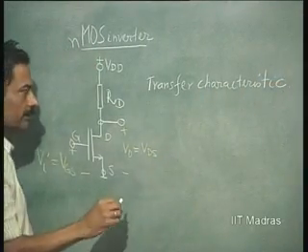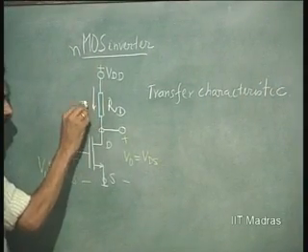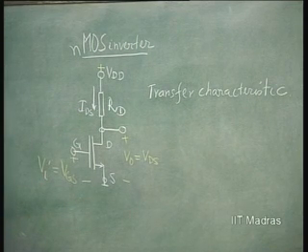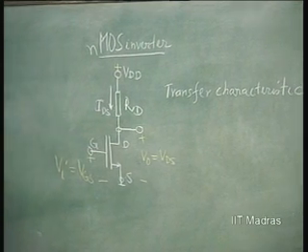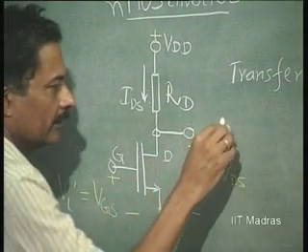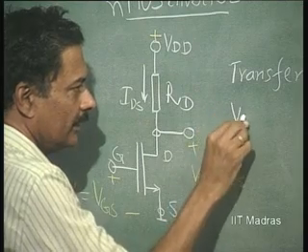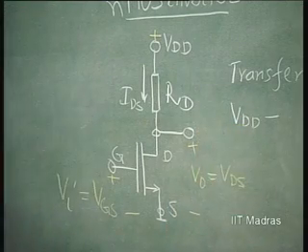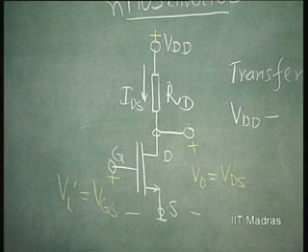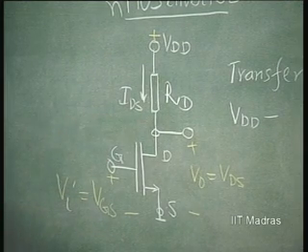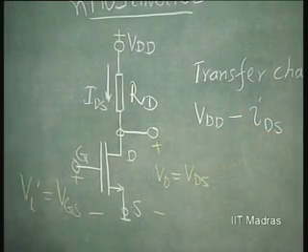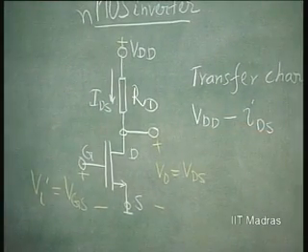What is it? Let us put this as IDS. So, basically we can write down the characteristic in the following manner: VDD minus, this is DC I have put. If I consider the instantaneous values, I can consider it as IDS. This is the symbol we have been consistently adopting, instantaneous value.